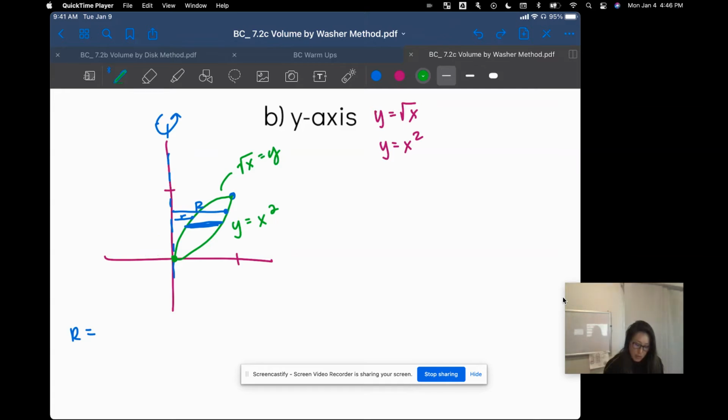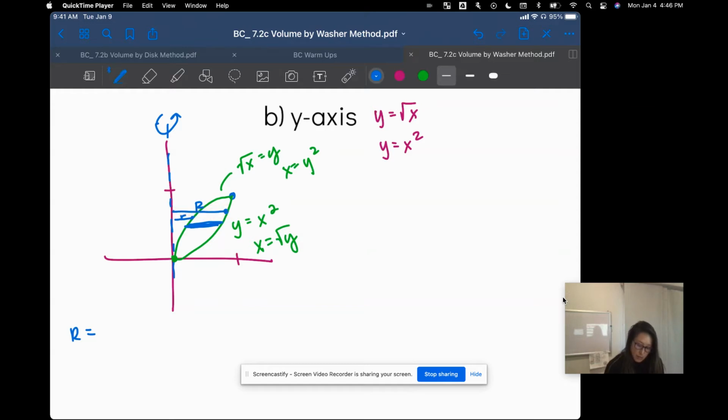Okay, so I need to solve for x. So x is equal to the square root of y, and for this curve, it would be x is equal to y squared. Okay, so big R is from the outer curve to the axis of rotation.